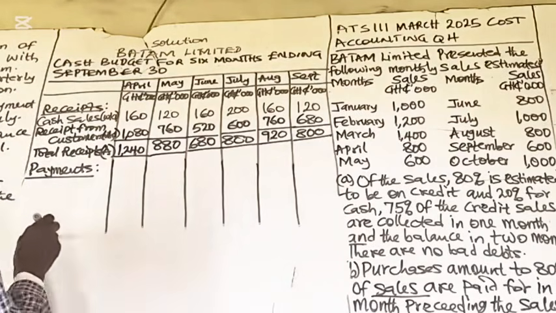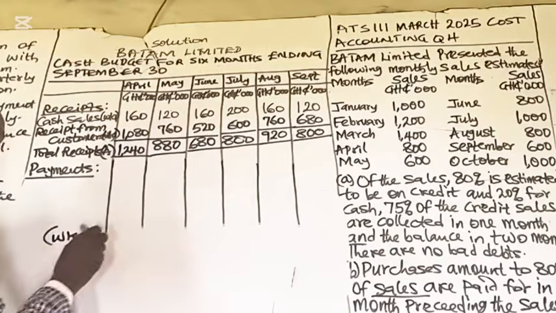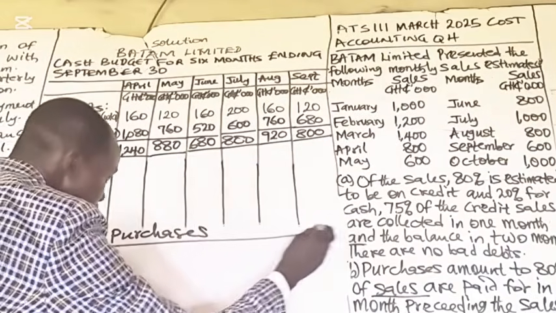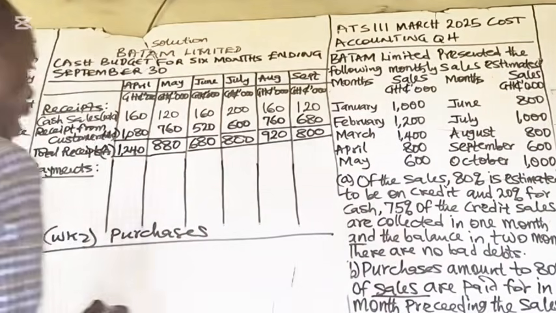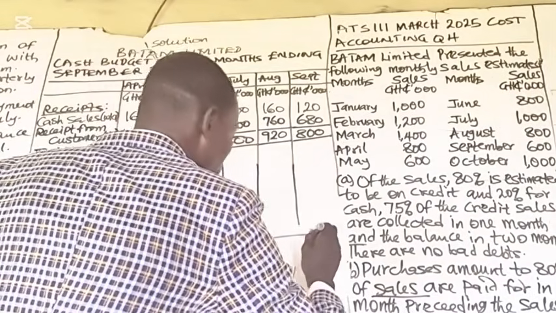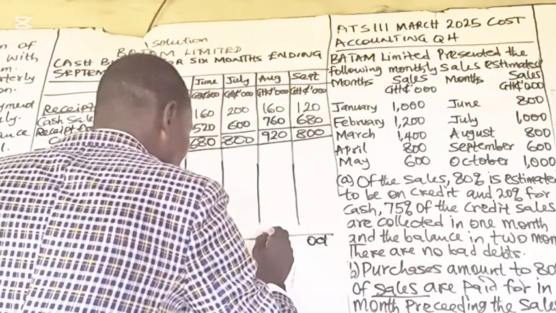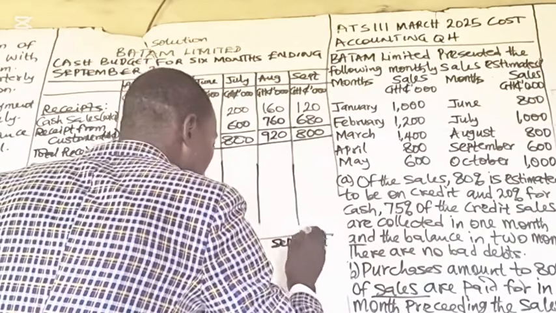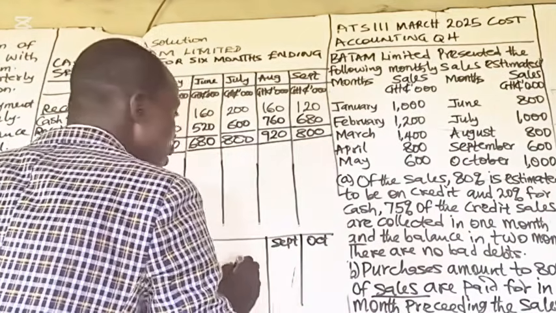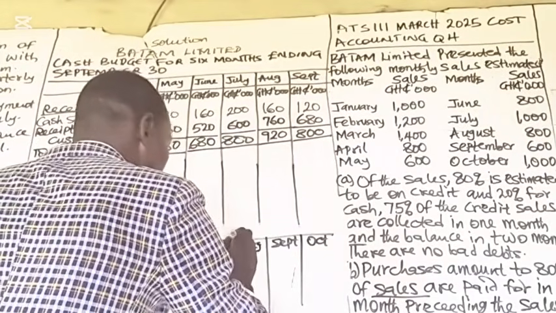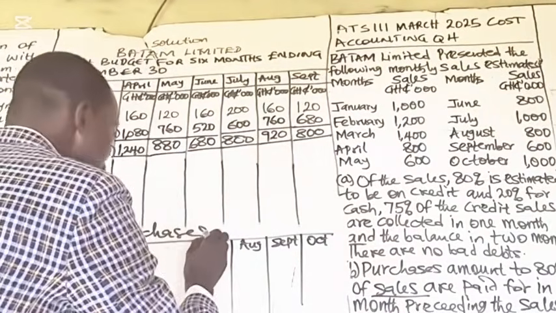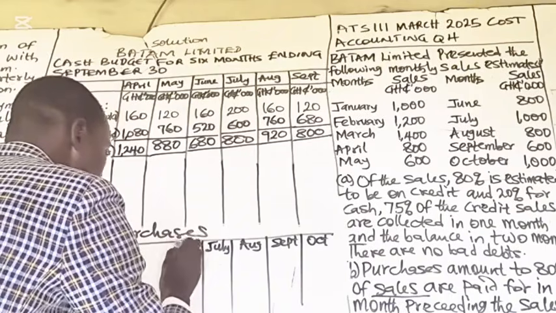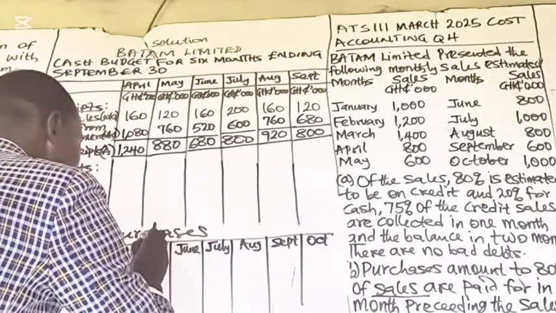Now, let's have working number 2. Working 2. We want to calculate payment to suppliers in respect of purchase. So, you have October, September, August, July, June, May.